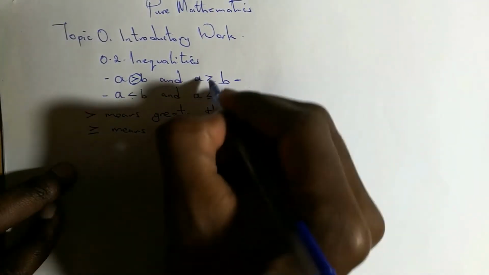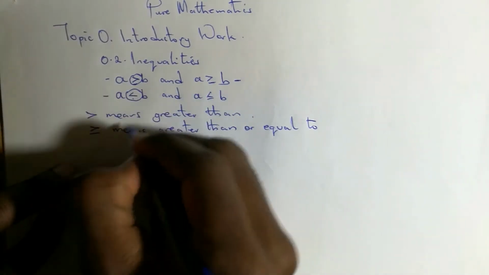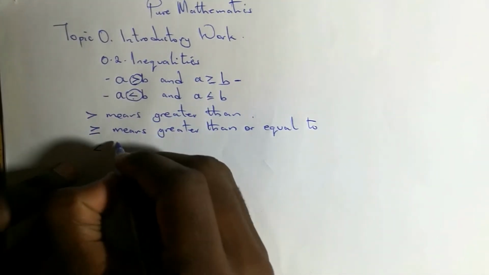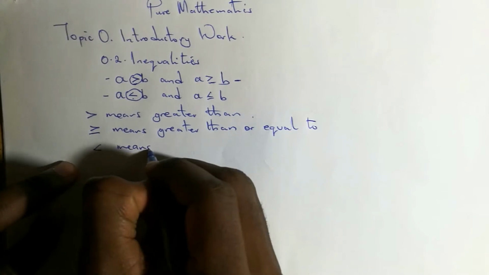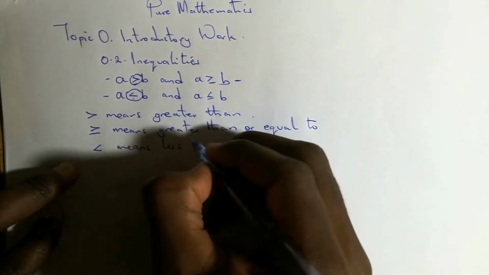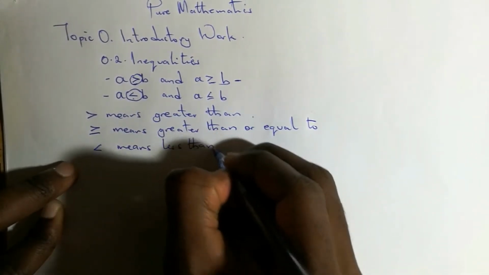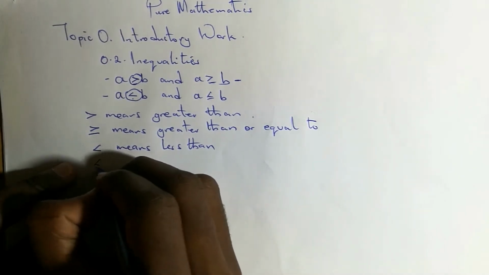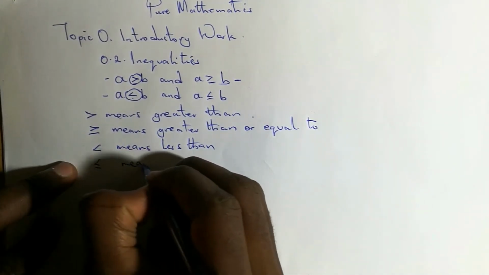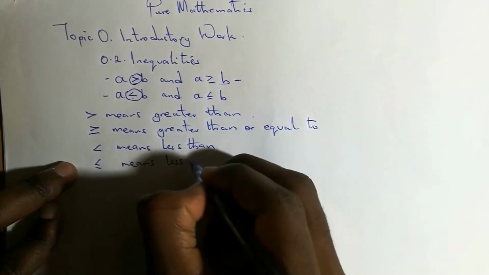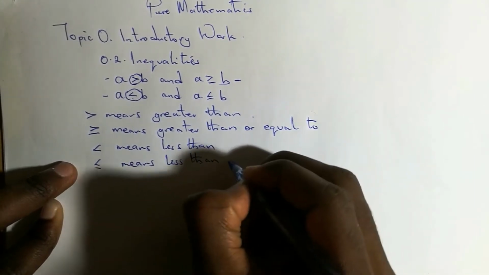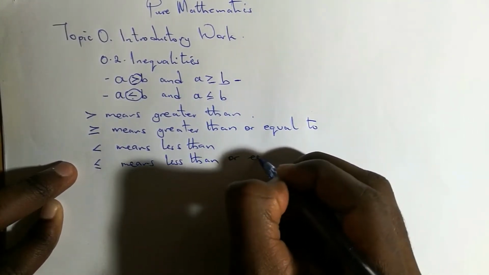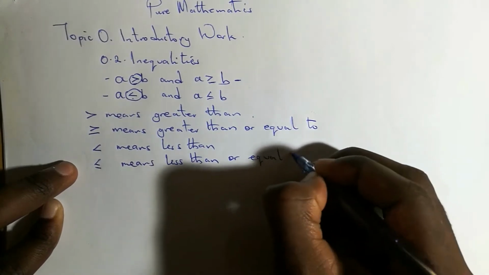This one down here means less than, while this one else means less than or equal to.